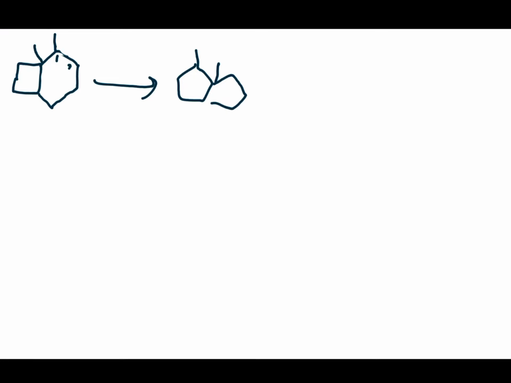So 2, 3, 4, 5, 6, 7, 8. Okay. Now, as that moves, the electrons between carbon 8 and 6 moved over to where carbon 1 was.